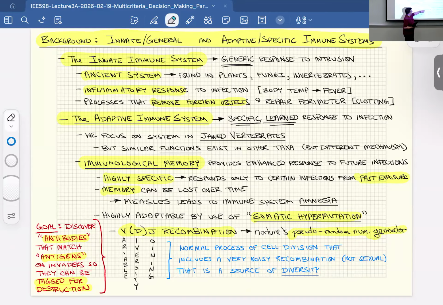This is so-called somatic hypermutation or recombination. So this is the one time where that recombination process goes on in normal cells, so-called somatic cells, non-sex cells.